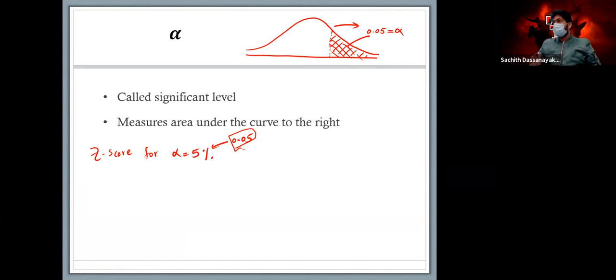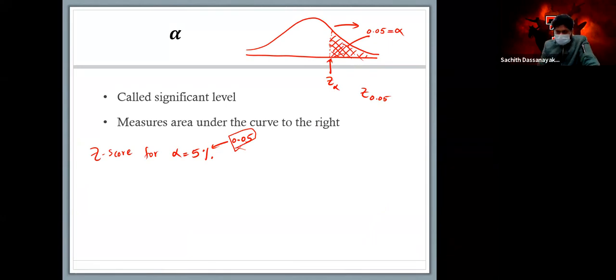Okay, clear? So you can get the z-score value z alpha, this value. This z alpha means the z-score value. In this case it is z 0.05. This is how we denote the z-score for alpha.